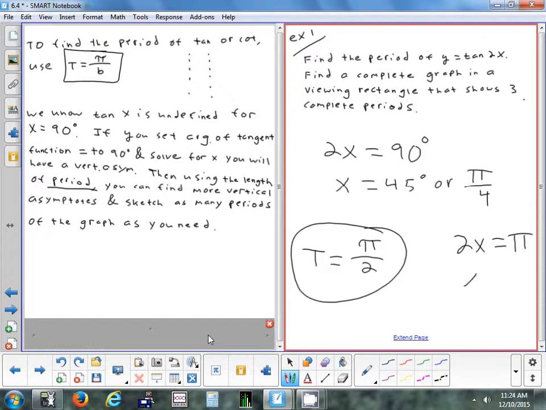So when you divide each side by 2, you get x equals pi over 2, and that's your asymptote. I think that would work, but I'd have to double check it.